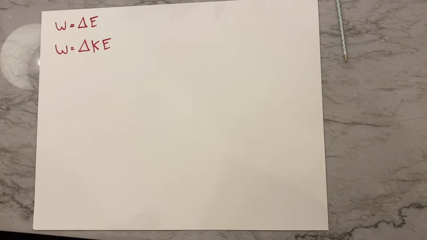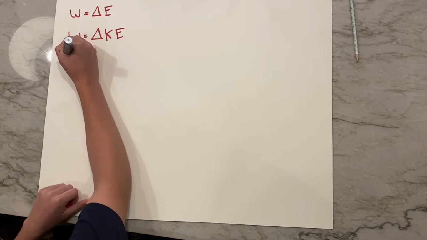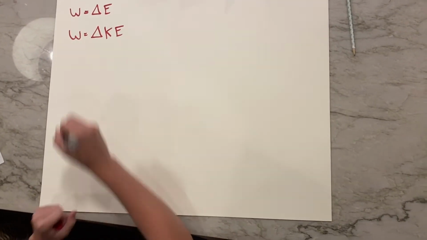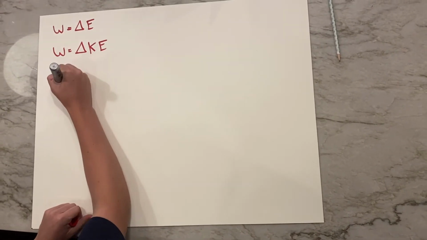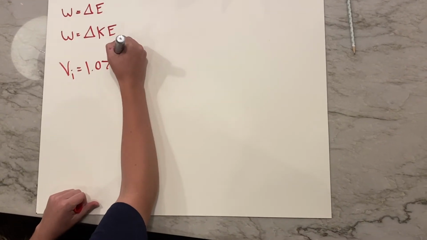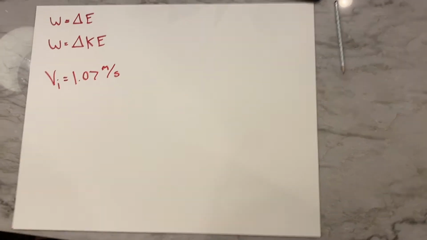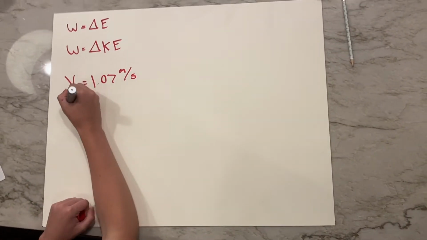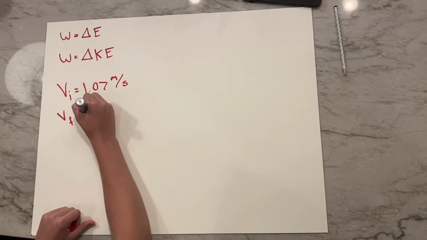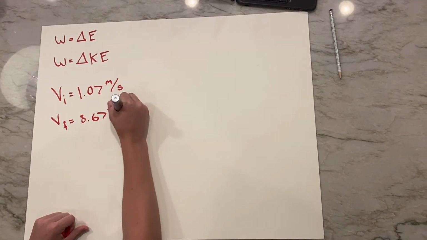Keep it together. From Logger Pro, we have calculated the initial velocity to be 1.07 meters per second, and the final velocity to be 8.67 meters per second.